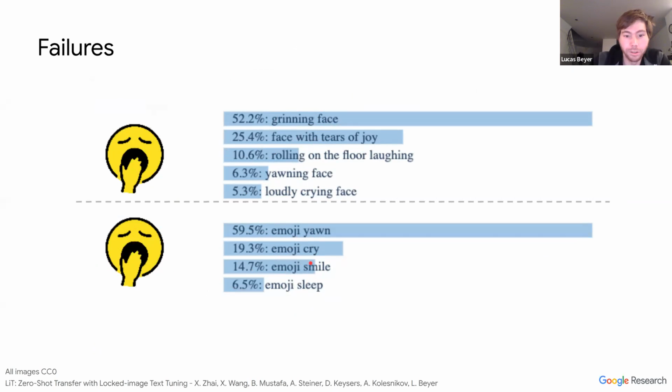The other emojis are also okay probability, but they are not yawning. But we can write other texts like grinning face, and so on, yawning face, and suddenly the results are quite a bit different, right? So it's not a free lunch that the model is perfect and completely understands every text. You still need to play around with the text that you write, but it is a nice interface, writing text. And I'm going to stop with this one.